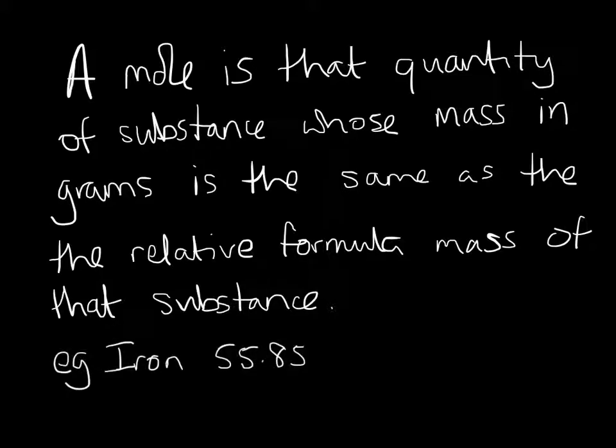For example, iron, whose relative atomic mass, which for a metallic element counts as its relative formula mass, is therefore 55.85, and therefore 1 mole of iron has mass 55.85 grams. That means 55.85 grams of iron contains exactly 600,000 million atoms of iron.